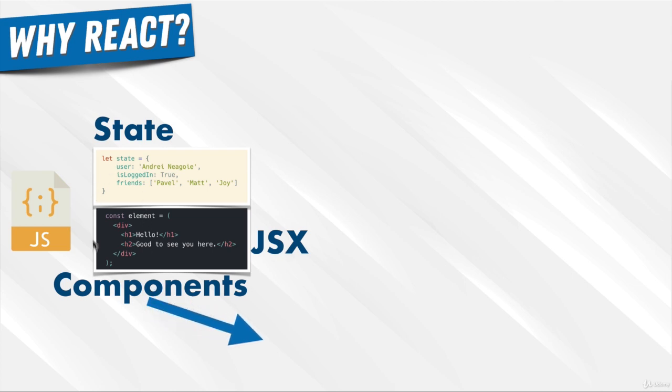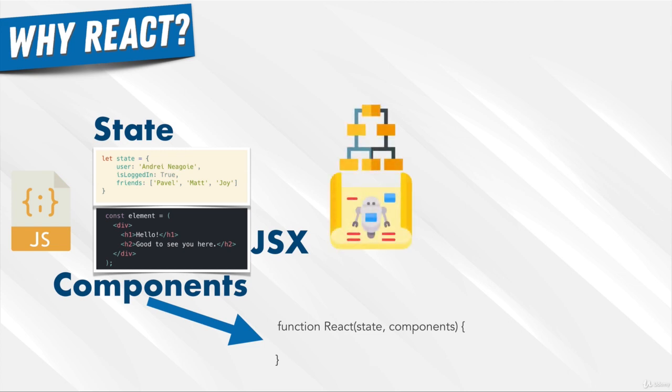And these all combine to essentially give our React library two things. That is the components that we've built and the state of our application, and you can think of React as a function. A React library is simply a function that we give all these things to. What it's going to do is create what we call a virtual DOM.